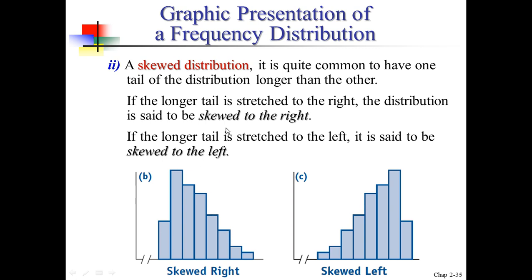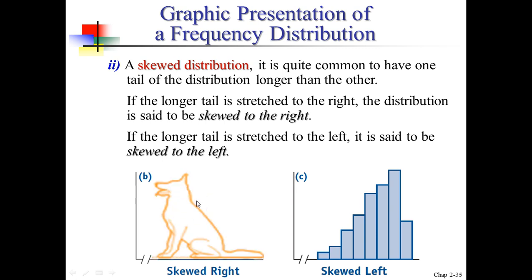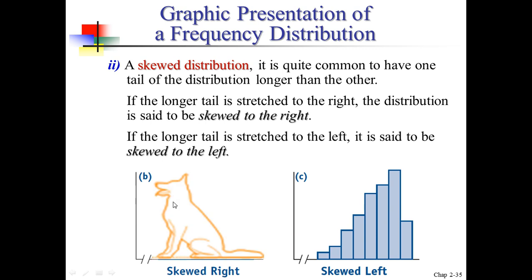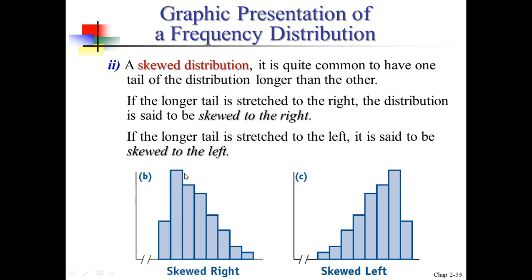Normally, when we're talking about an animal, one side has a head and the other side has a tail. Let's say this one is a dog. You can see the shape is similar. This is the head of the dog. This is the tail of the dog.